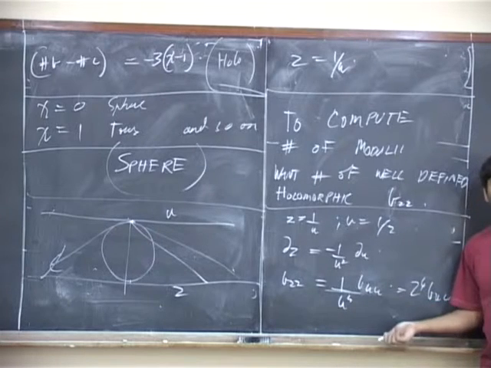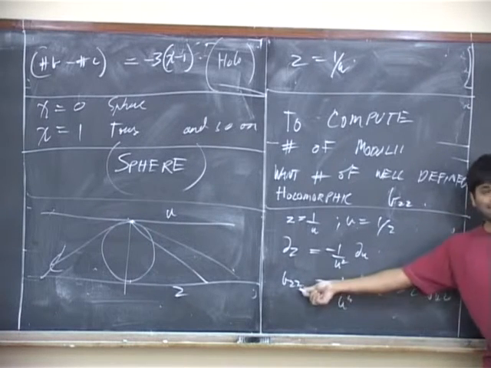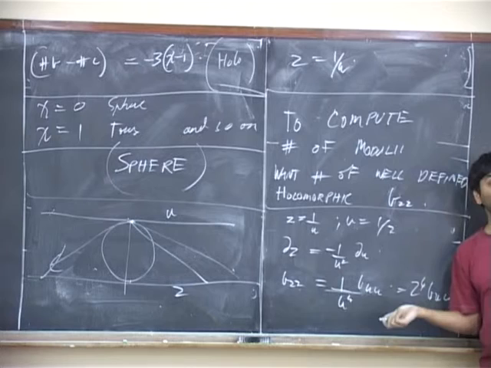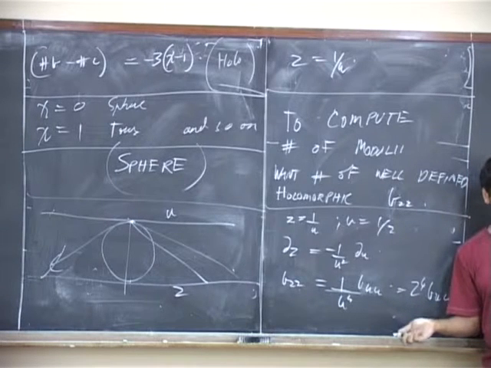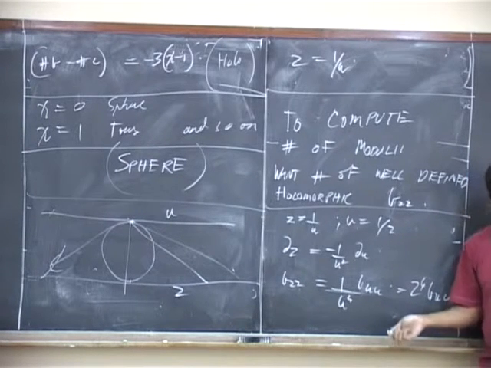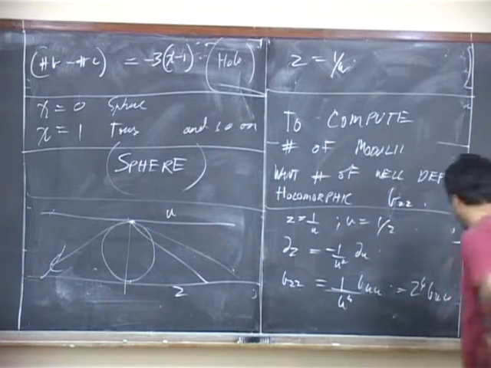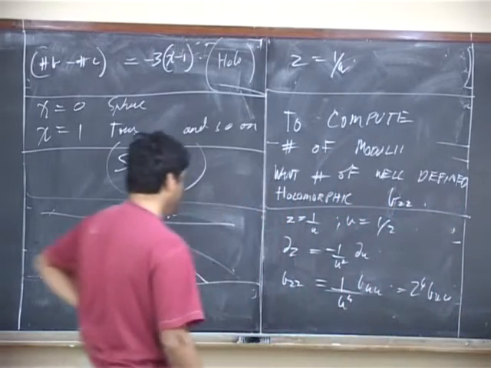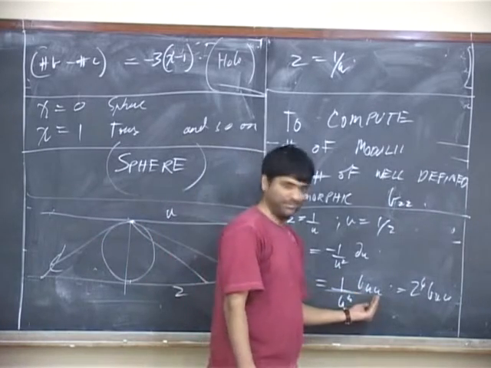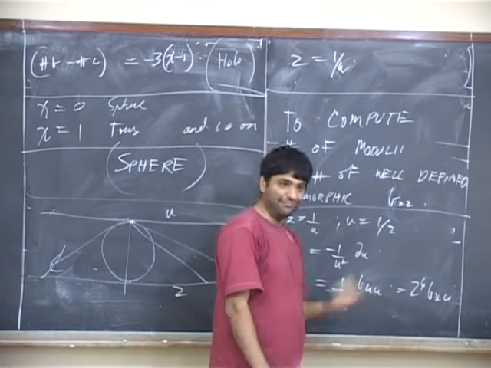But now we want b_zz to be holomorphic, and we want it to be well defined at z equals infinity, which means it should be well defined at u equals 0. Now, if it's well defined at u equals 0, b_uu is well behaved.